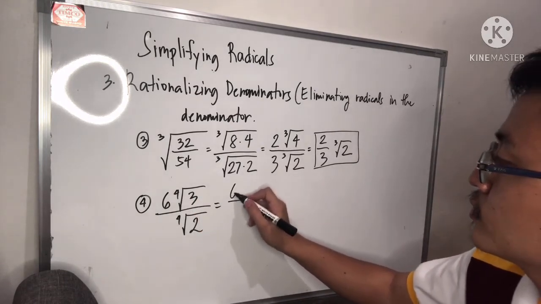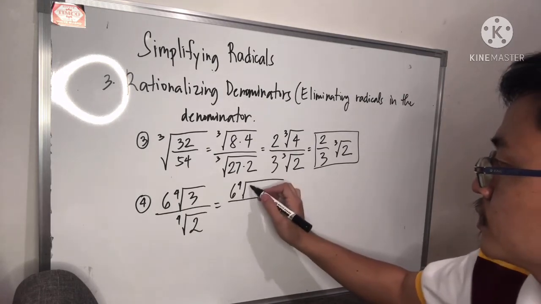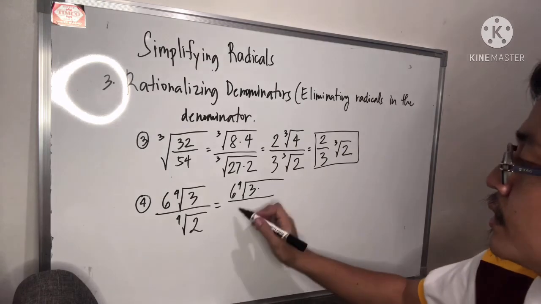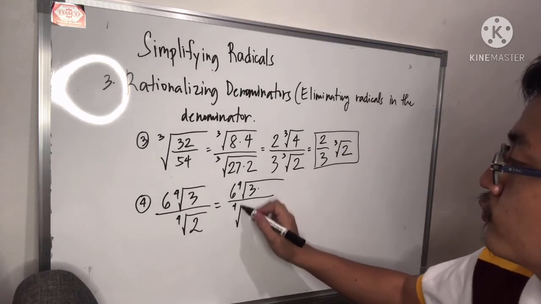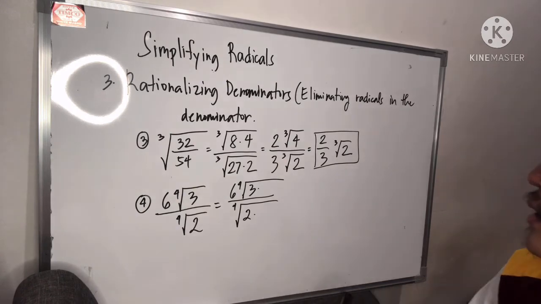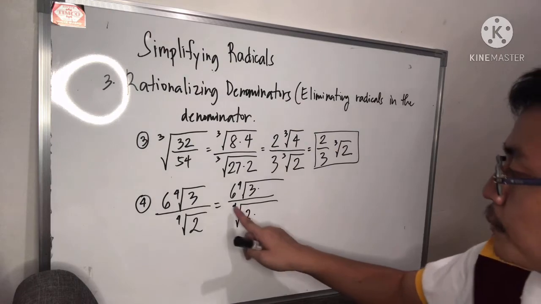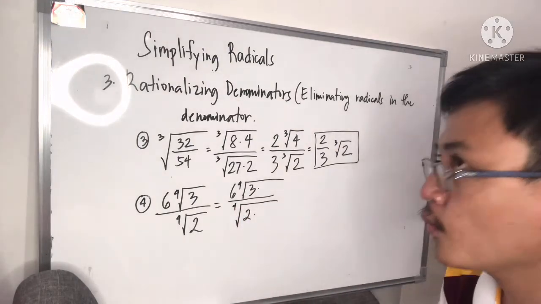We have 6 times the 4th root of 3 times a certain number. Then sa baba, you have the 4th root of 2 times a certain number. Now, the question is, what should be multiplied by 2 para pag kinuha natin yung fourth root, mawawala yung radical.